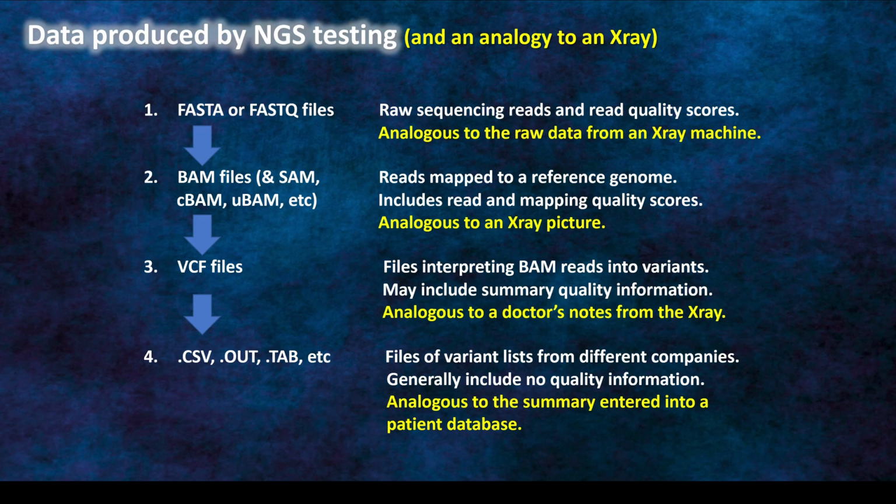The picture, in my analogy, is more analogous to what's called the BAM files. Now again, there's different versions of this. A BAM file is typically a binary file. There's SAM files, there's CBAM, there's UBAM, that's unaligned BAM files, and so on. There's different versions of a BAM file, but the basic idea is that it's the reads mapped to a particular reference genome.